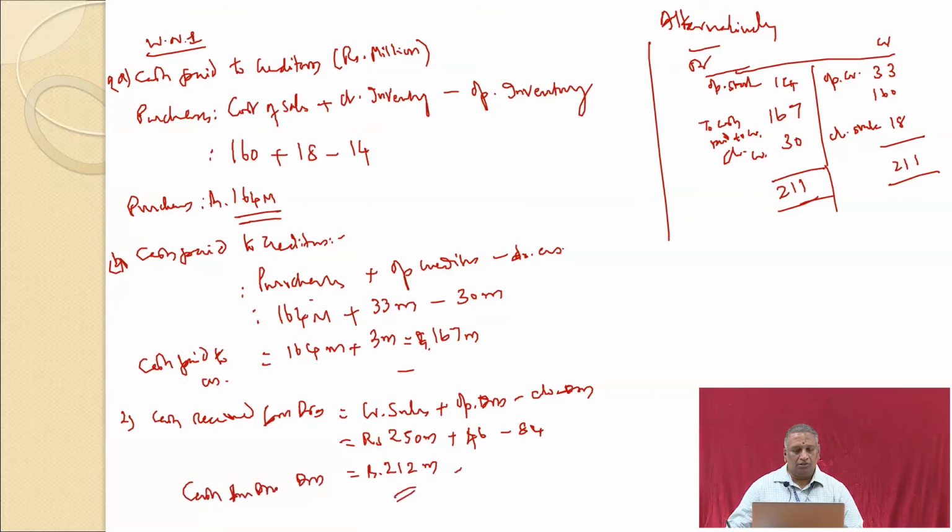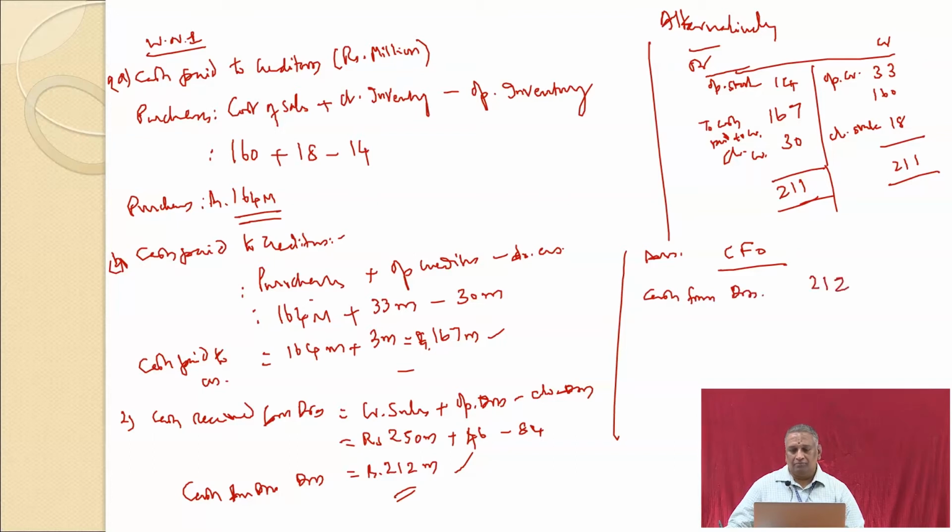So once you know the cash received from debtors and cash paid to creditors, you can calculate cash from operations. So CFO is equal to cash from operations. This is your answer, and these are all working notes. Cash received from debtors, 212 rupees in million.